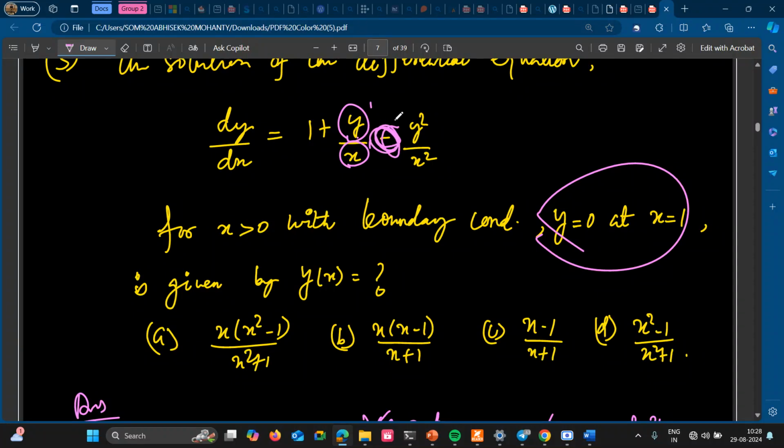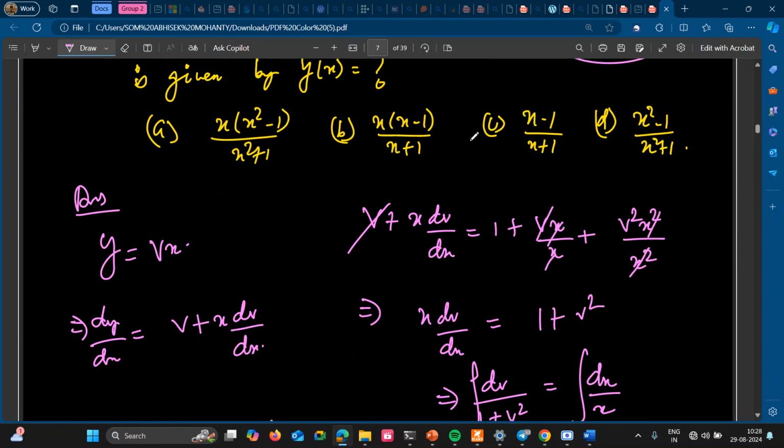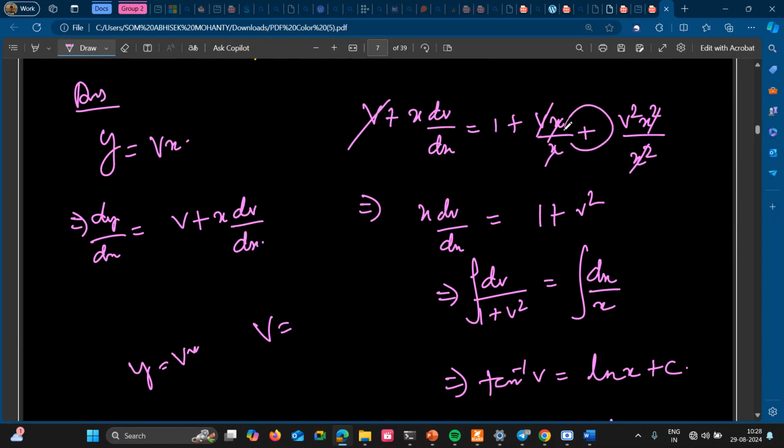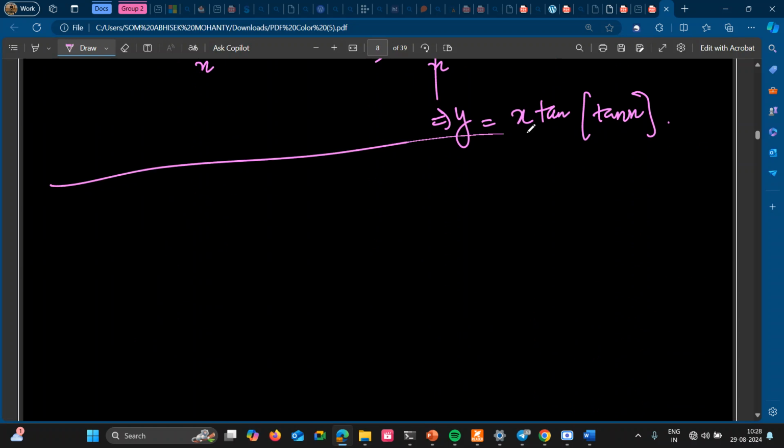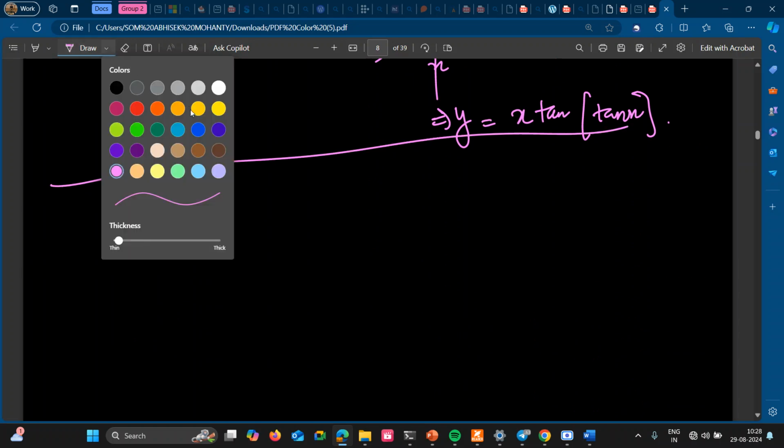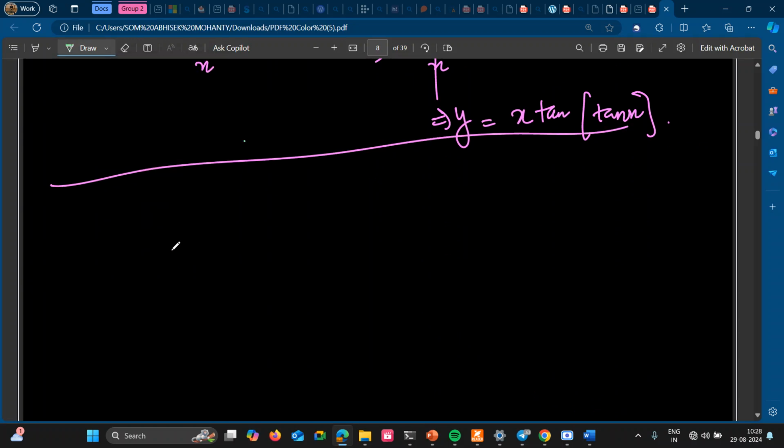There is a minus sign here. I have put plus here. It's a terrible mistake. So this whole solution is wrong now. Let's do it again. Whole solution gone wrong. Okay, anyway.